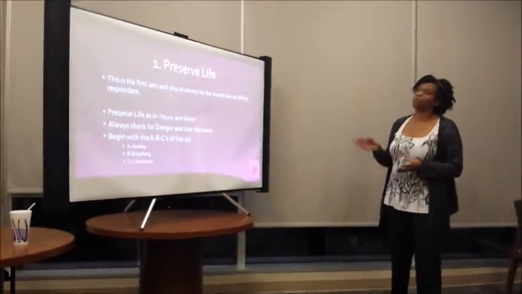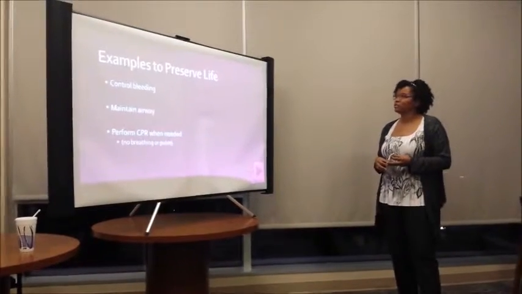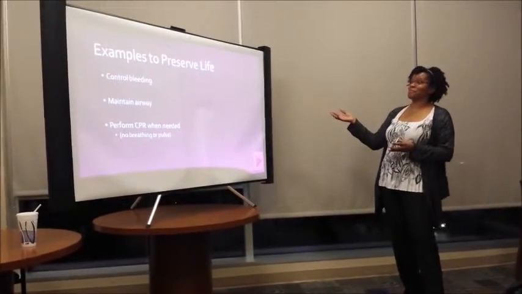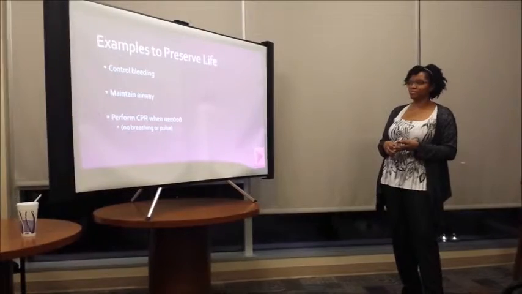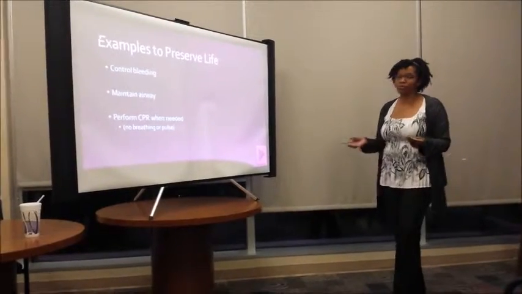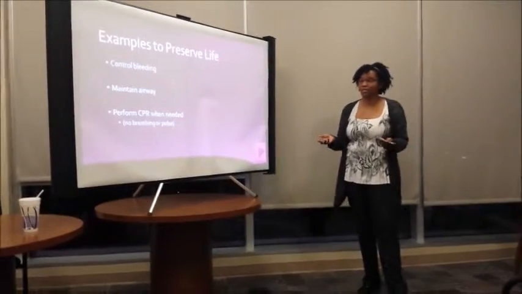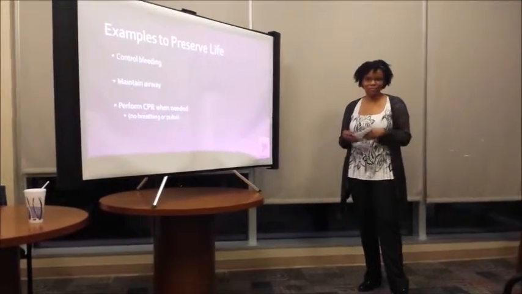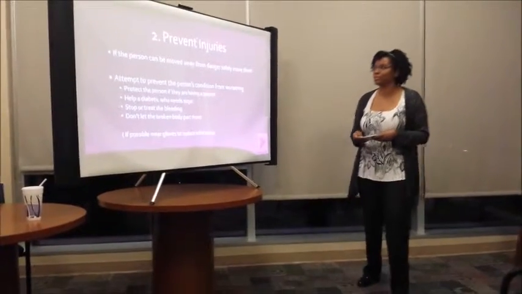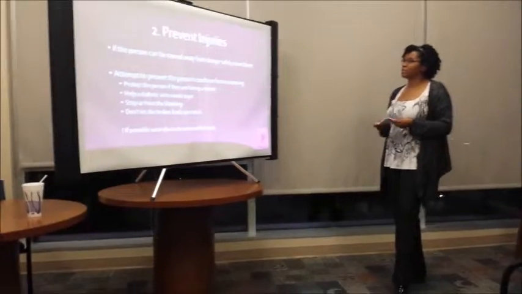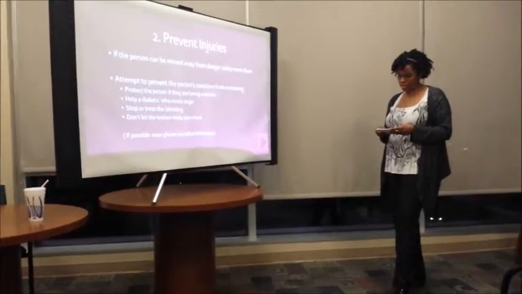After that, we will move on to the second P. Oh, sorry, I forgot I had examples of preserving life, which is controlling bleeding, maintaining airway, or performing CPR when needed, which would be when there's no pulse, which we used in our example. But the second P, prevent injuries.